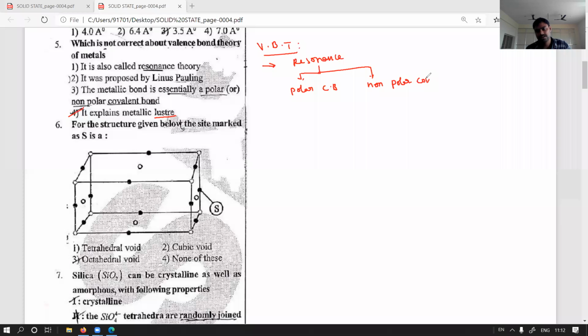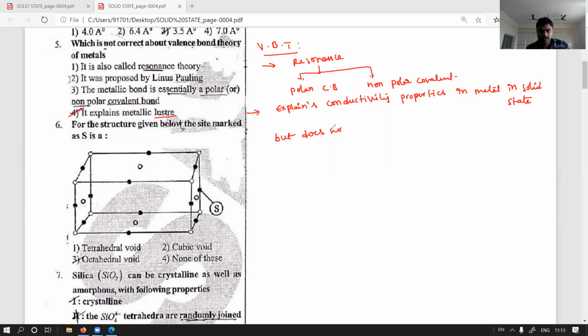It mainly explains the conductivity properties in metals in the solid state, but does not explain it in the solution state.